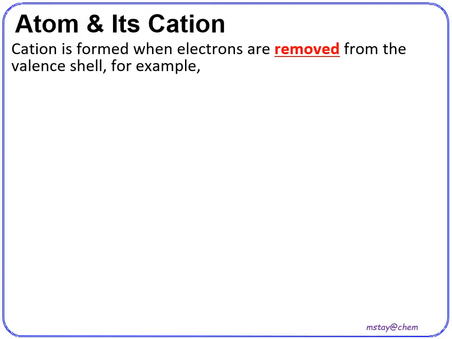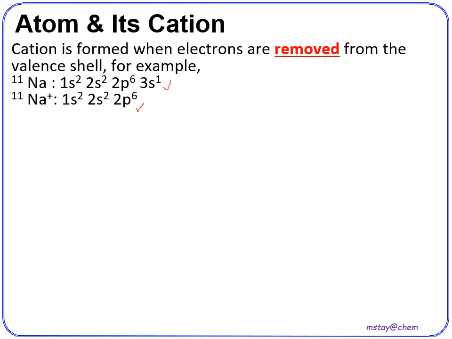Let's look in detail at how we compare the size between the atom and its cation. Generally, we already know a cation is formed when electrons are removed from the valence shell. For example, sodium has the electron configuration up to 3s1, while Na+ goes up to only 2p6.